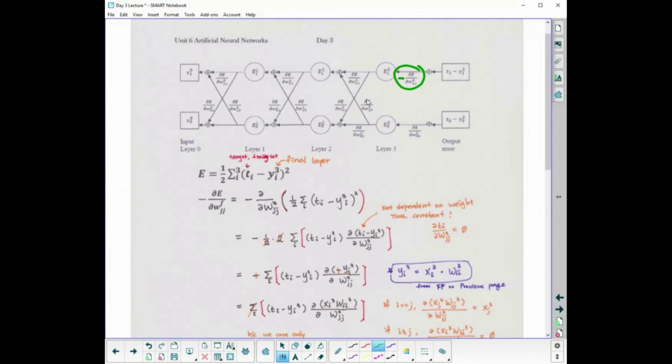Then another one is in the middle part. So for the middle part gradient, you can also find a pattern to calculate. So the final is here, then the middle part gradient can be generalized as weight J to K to layer.